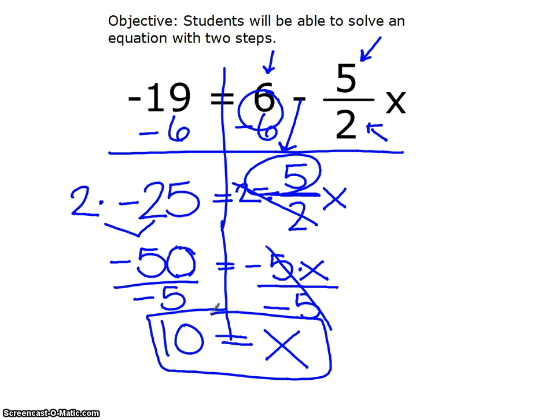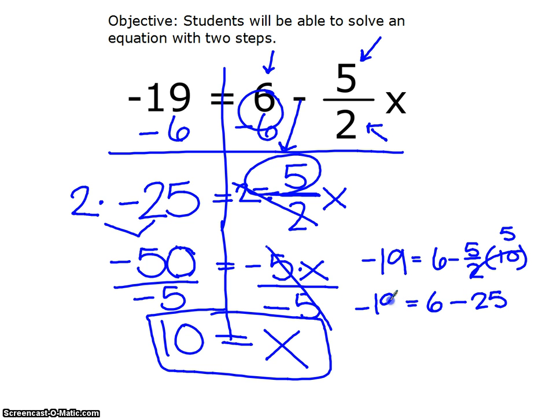And then yes, you would want to plug that number back in and make sure that that really is going to give you negative 19. The way I would do this, I would do 10 divided by 2 right here. That's 5. 5 times 5 is 25. And 6 take away 25 really is negative 19. So that worked.